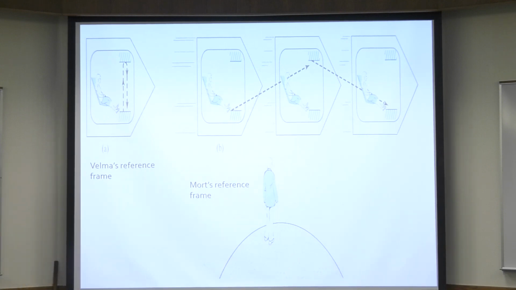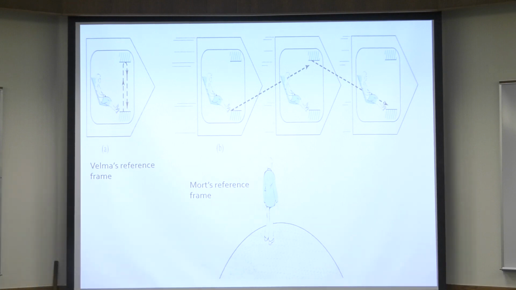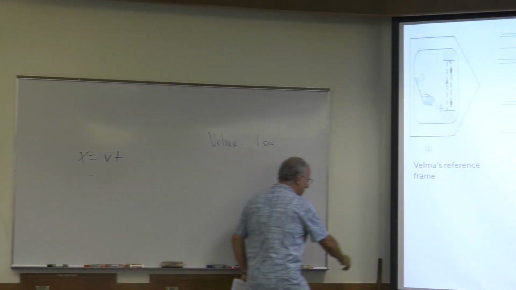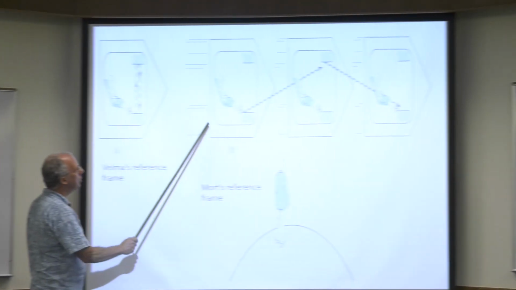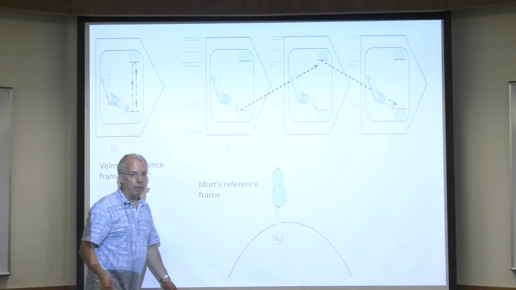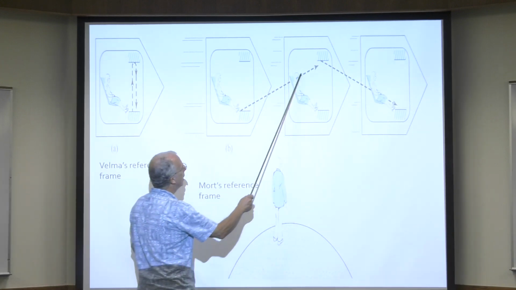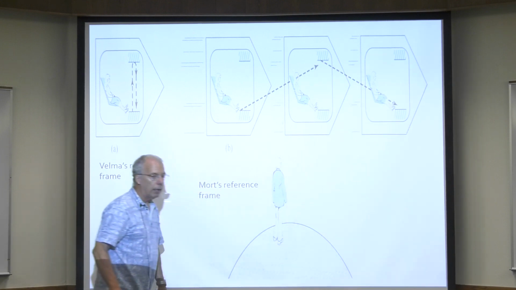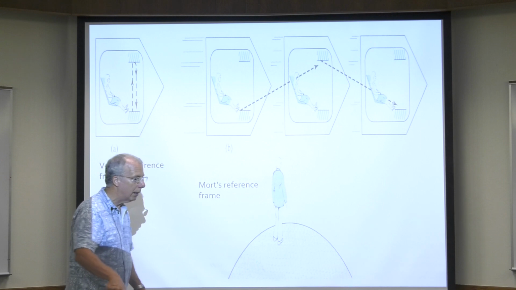Now remember, everybody measures the speed of light as the speed of light. And we also know that distance equals speed times time. Obviously, this is 150,000 kilometers. Well, what's this going to be? It's certainly going to be more than 150,000 kilometers. So this whole path is certainly going to be more than 300,000 kilometers. But remember, speed of light, speed of light.